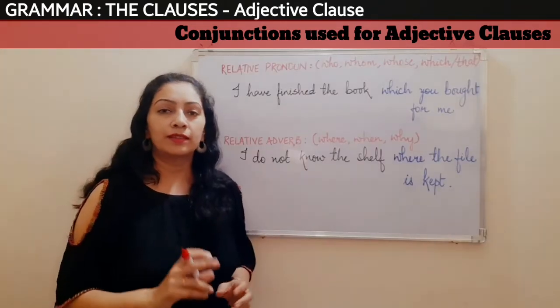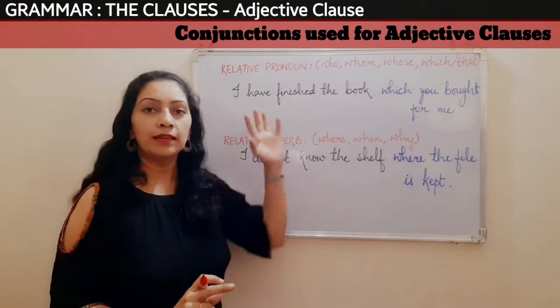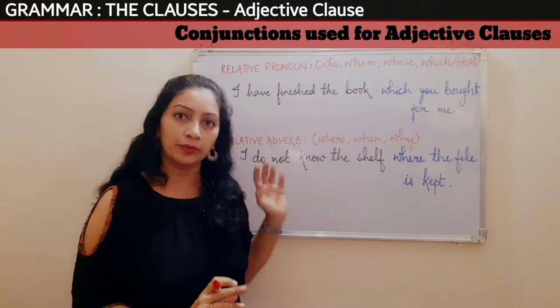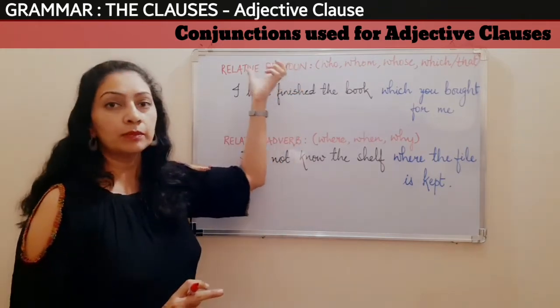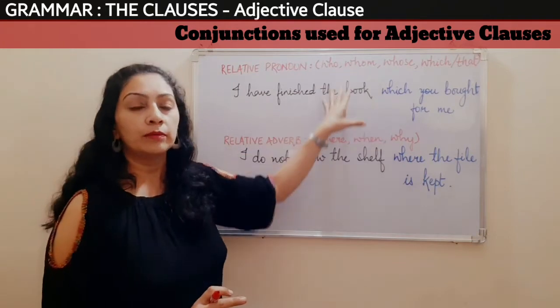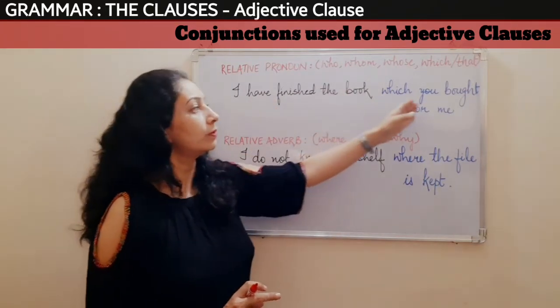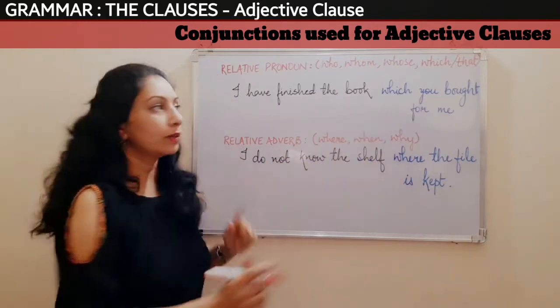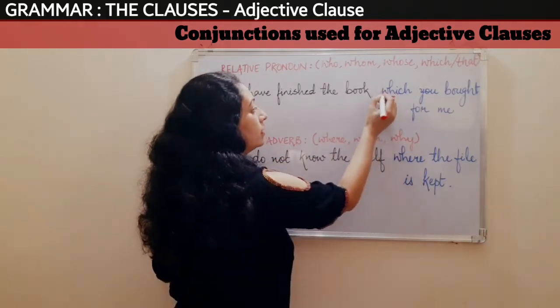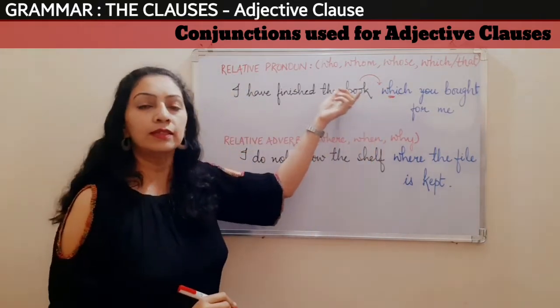Now, because adjective clauses use relative pronouns and adverbs, let's see first what is the difference between the two. As the name suggests, pronoun means it will qualify a noun or a pronoun before it. For example, "I have finished the book which you bought for me." Now the conjunction which here is talking about the book, and the book is a noun here.